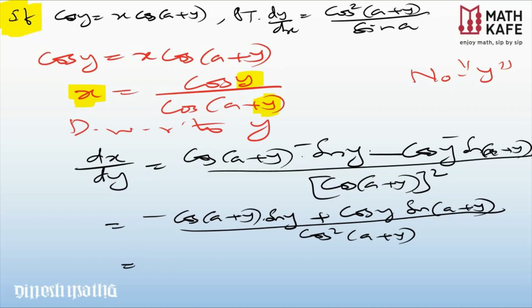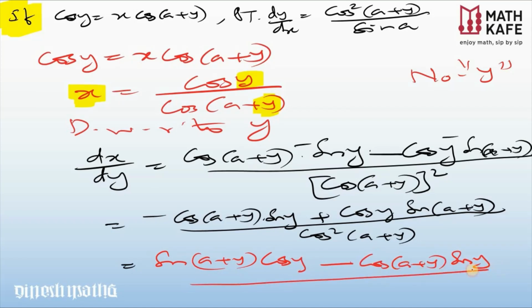Now here I am making a small change. I am writing the positive term first: sin of a plus y cos y minus cos of a plus y sin y, the whole divided by cos square of a plus y. If you notice, the numerator is sin A cos B minus cos A sin B. That is the identity, where A and B are a plus y and y respectively.